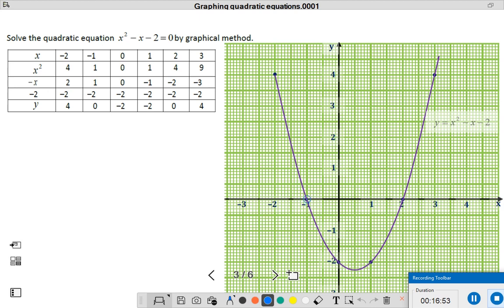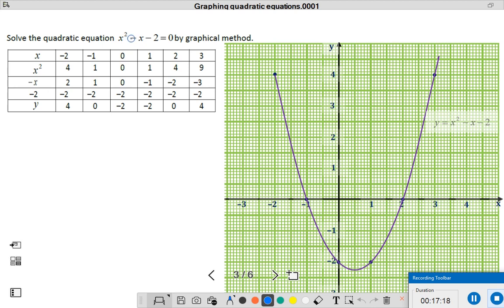Where does the curve cross the x-axis? Remember, we can find this solution by using a formula. Sometimes you call it a bulldozer method. You can use completing squares, you can use factorization. Now we are using the graphical method. We get the value of x. Because it is a quadratic function, the answers appear in pairs.